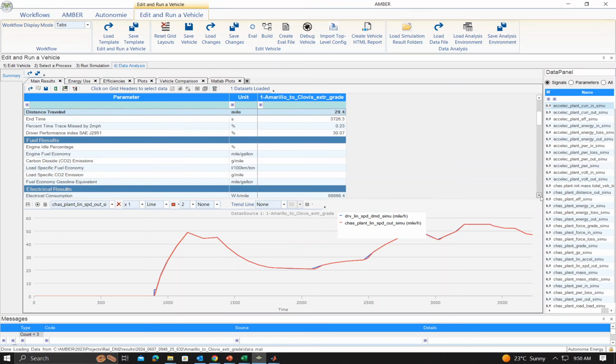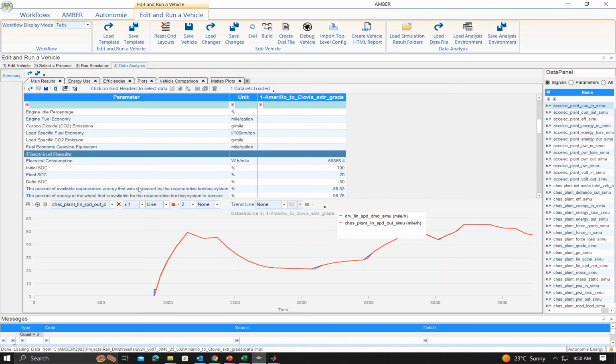The electrical consumption for this route was around 70,000 watt hour per mile. The final SOC was 20; we set the limit that the battery cannot be discharged beyond 20 SOC, so that's why the vehicle stopped at 20 SOC. The delta SOC is 80 here.